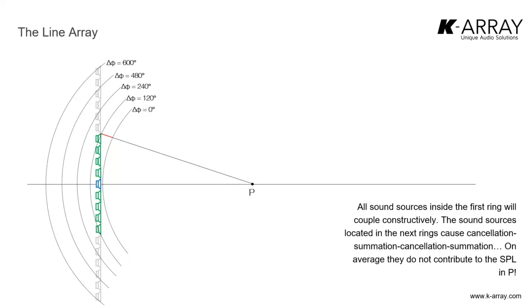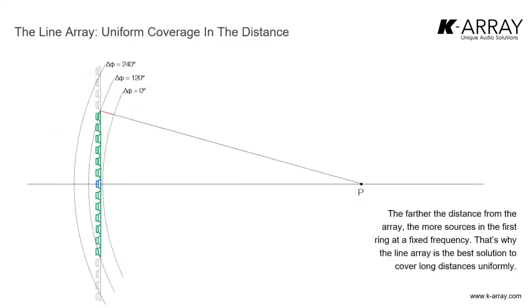So, why do we have all the other woofers, if only these ones are really useful? Well, as we all know, that's because as soon as I move farther from the array, the amount of woofers which are effectively contributing to the SPL at my location increases.